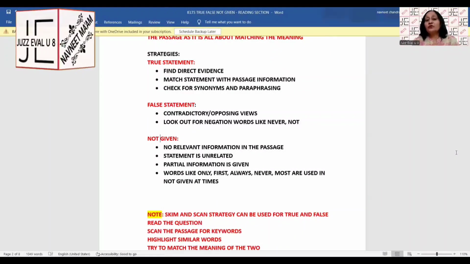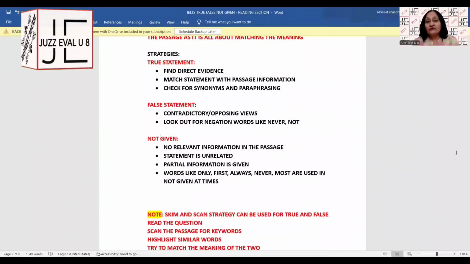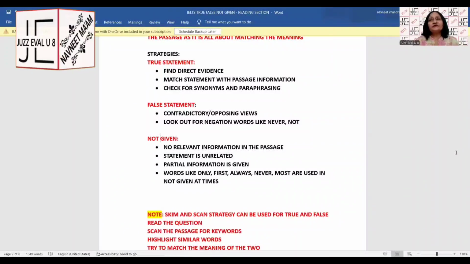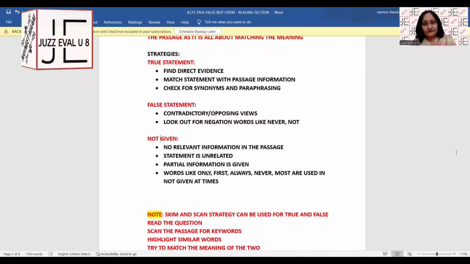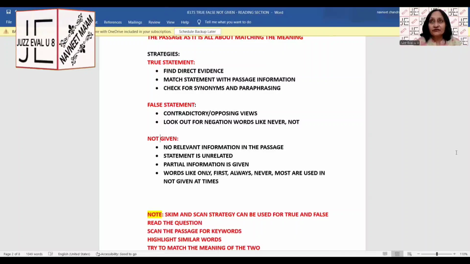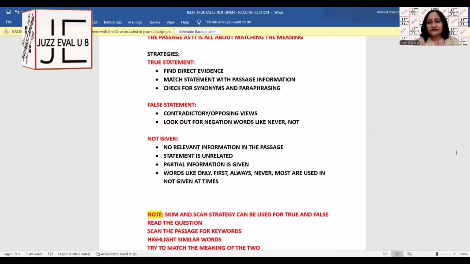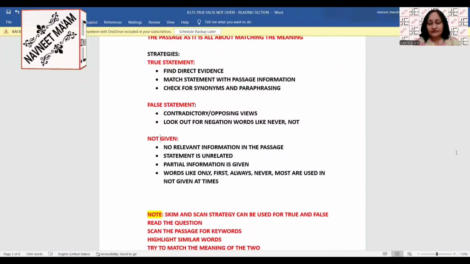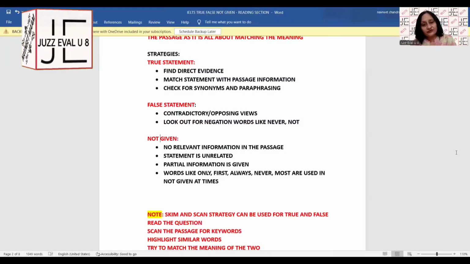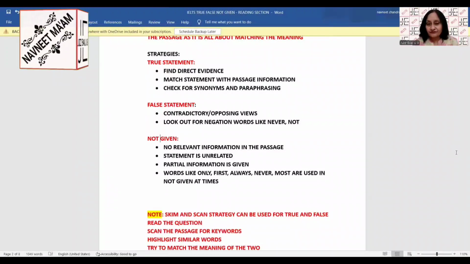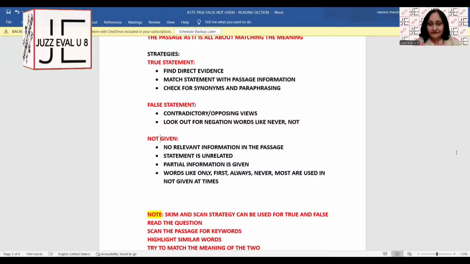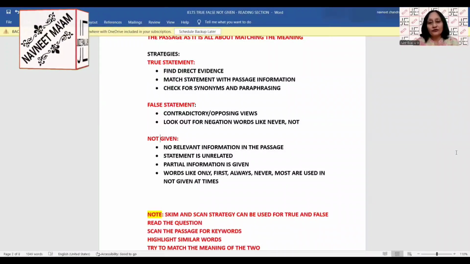But you're talking about only or first or always or never or most. This is the most auspicious day. Whereas in the passage, most is not given. It's just said that it is an auspicious day. So that doesn't mean that most. But if it's mentioned in the question and not in the passage, even if this word is missing, it changes the entire meaning. So then it will be not given.